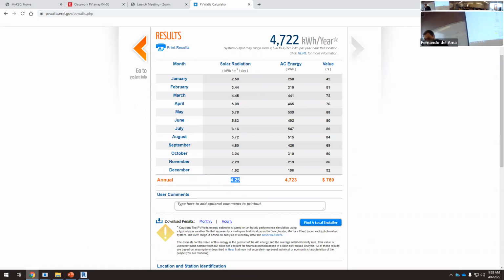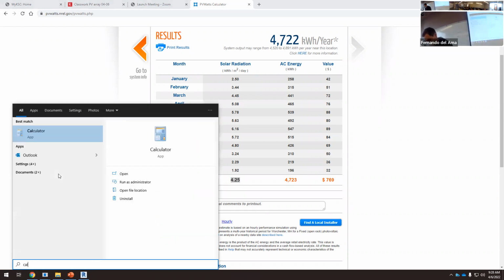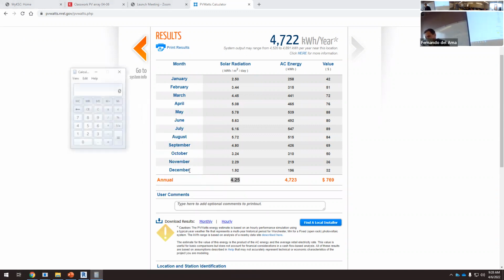Is it the same value? Let's find out. 365 times 4.25. 1,551. That would be kilowatt hour per square meter.